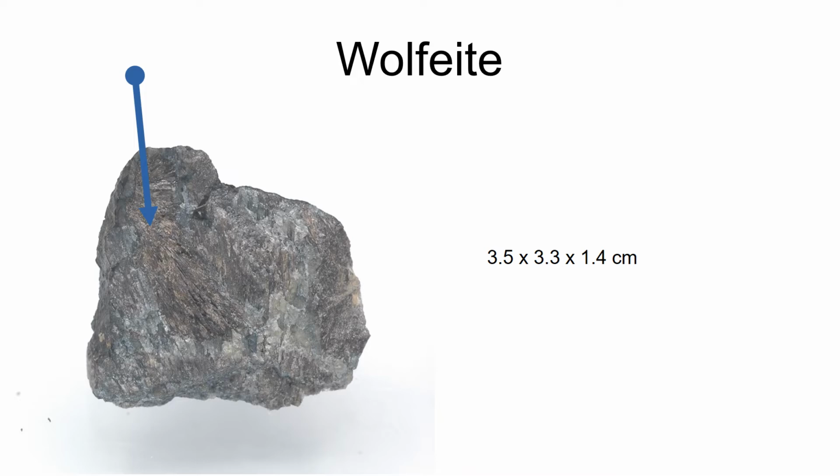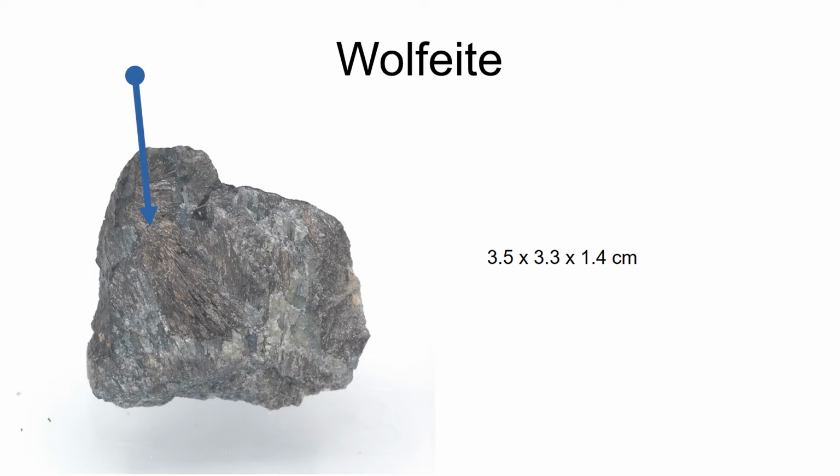Wolfeite has been found in occurrence as sprays. These sprays of crystals tend to be more narrow and have a more reddish color and slightly greater luster than the marićite. Here we can actually see both marićite and wolfeite are present in this nodule.